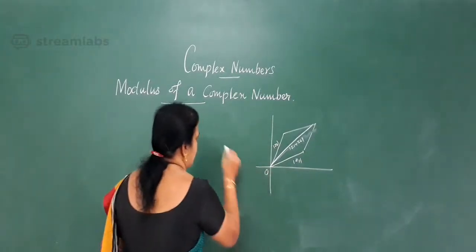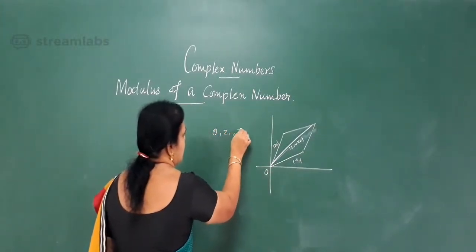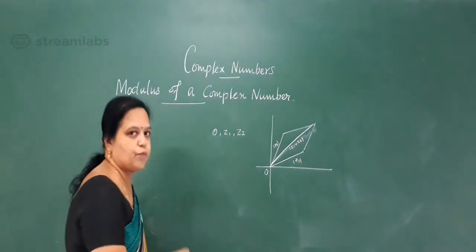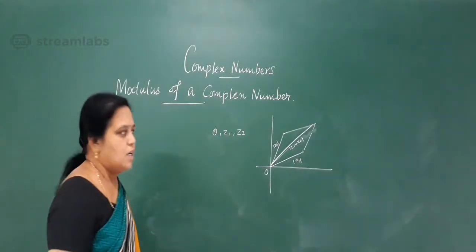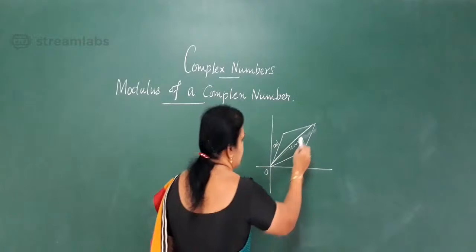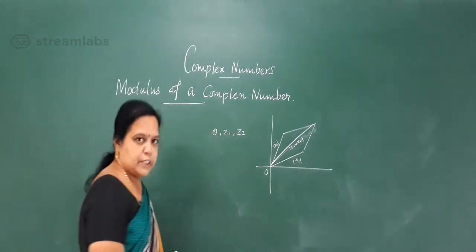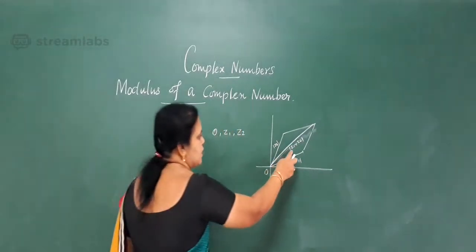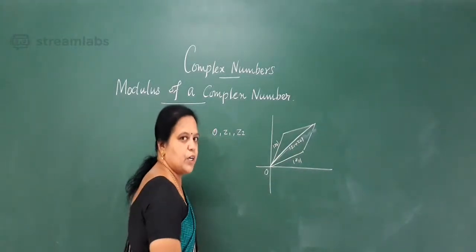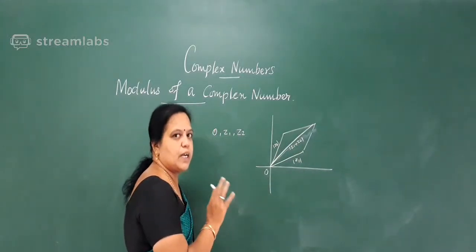How? See, 0, z1 and z2 are the vertices of the given triangle. Suppose you are finding the length of this line, it will be modulus z1 plus z2. Usually we do it like this. In vectors also we can do that.